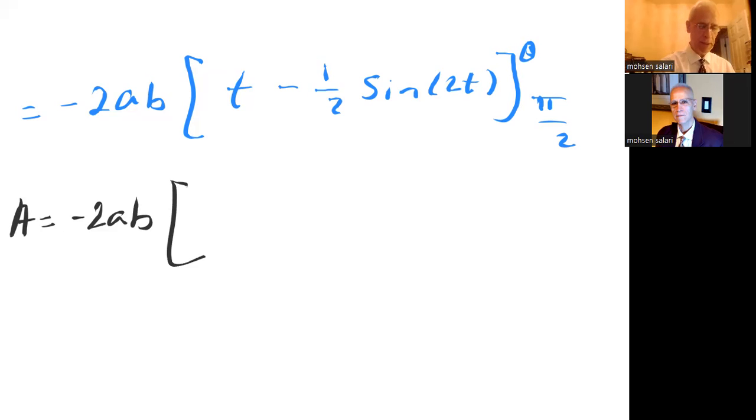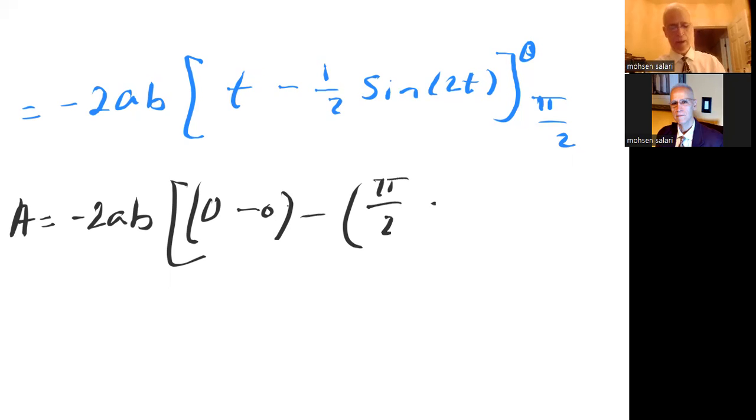Plugging in 0 for t, I get 0, then sine of 0 is 0, so 0 minus 0 for the first part. Then minus, when I plug in pi over 2 for t, I get pi over 2 minus, the 2's cancel, sine of pi is 0, so I get a 0 in here.